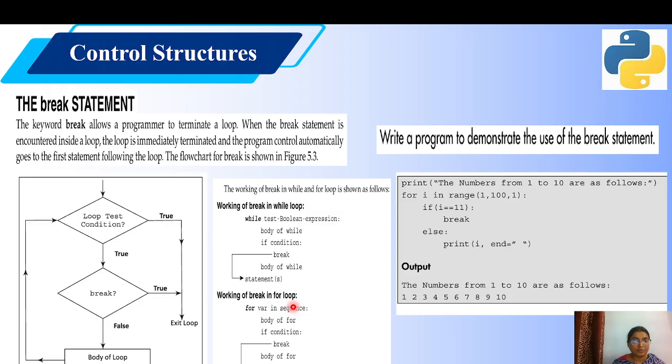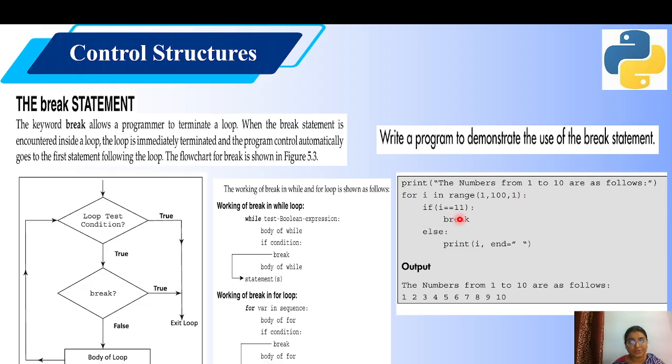The break statement immediately ends the loop, no matter whether the condition is still true or not. You can see this example over here, which demonstrates the use of the break statement. The numbers from 1 to 10, and we have taken this loop for I in range 1 to 100, and we have this increment value 1.